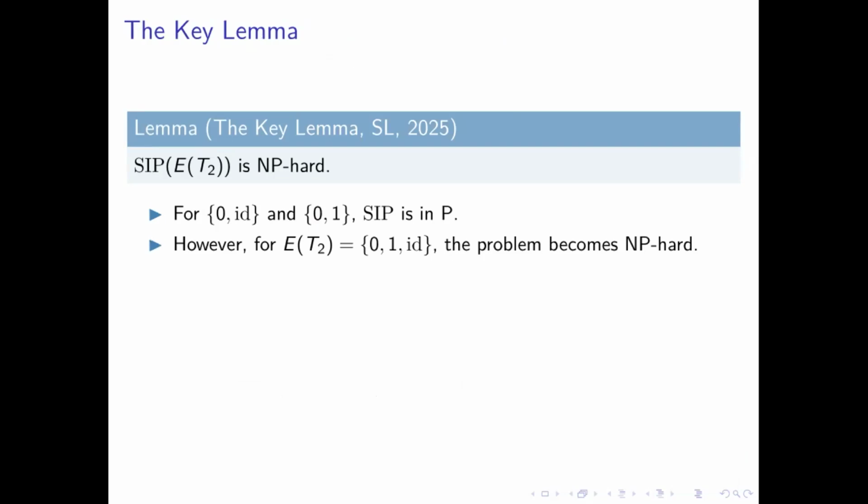Why is it NP-hard? One interesting thing is that for the set containing 0, the right zero, and ID, and the right zero elements 0 and 1, the subpower intersection problem is in P. It's relatively easy to show it's in P, but as soon as you add one more element, either a constant or the identity, the problem becomes NP-hard. And we show this fact by reducing 3-SAT to SIP.